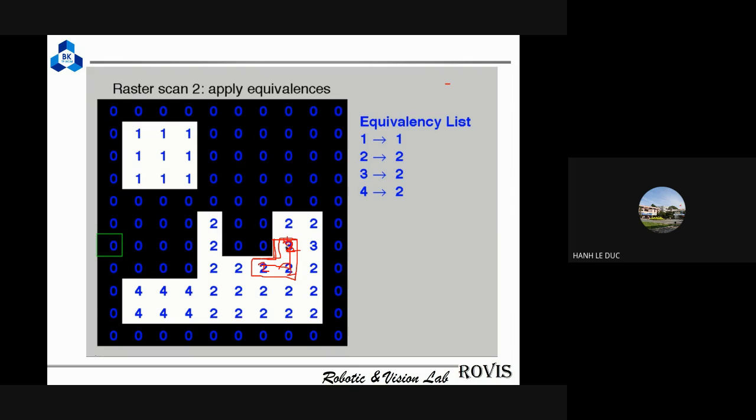After you scan it, you will have the result. After you scan many times, this will become two. Okay, so this is the method to define the blobs inside the image.